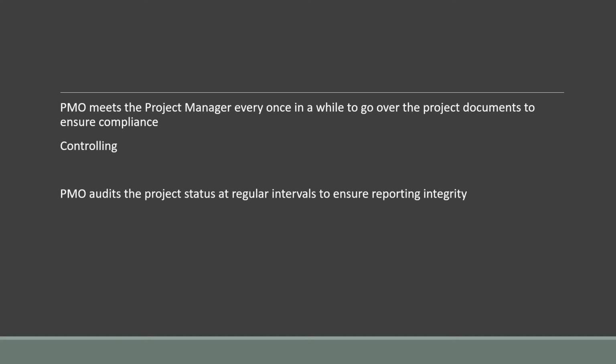So a PMO that does a regular status check, an audit of all these statuses, checks to make sure of the integrity of the reports that are going out. Again, this is a controlling PMO. This is an example and a function of a controlling PMO.